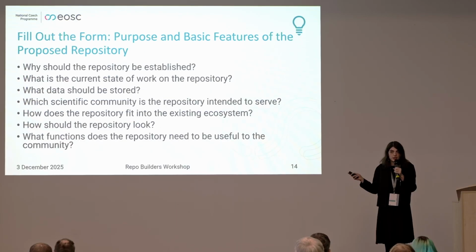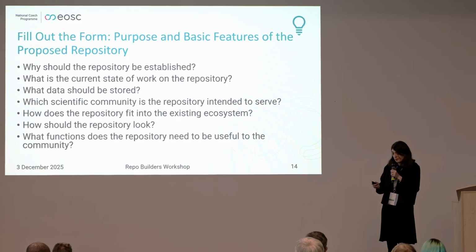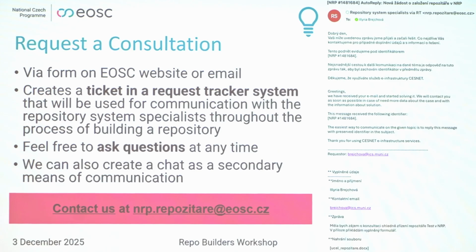It's just to give us some introductory information about who you are and what you want. If you already have some grant application, you can pretty much copy paste some sections. If there are some sections you don't know what to write, just skip them. But this is what you will be sending to us when you request a first consultation.